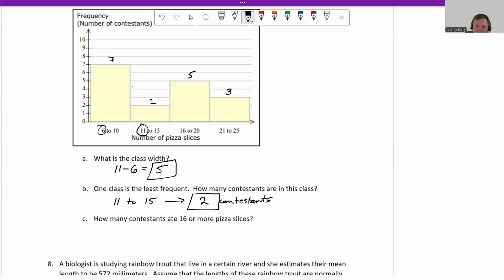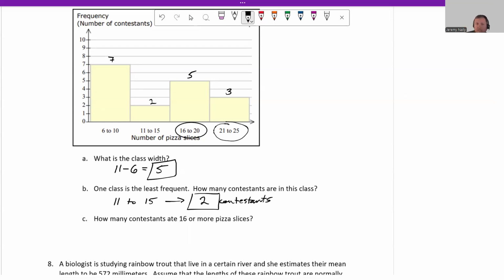How many contestants ate 16 or more pizza slices? Okay. 16 or more. Well, I have 16 to 20, but they could have also eaten 21 to 25, right? That's what our data has.